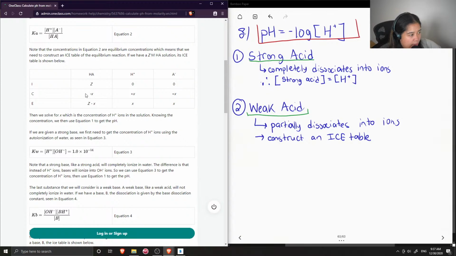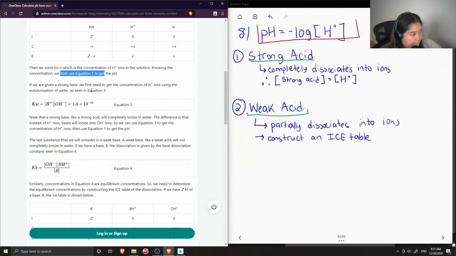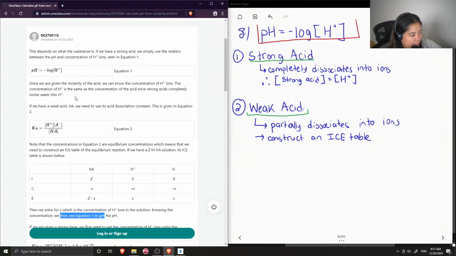And then they show the change in X, and then these are the concentrations at equilibrium. So then we solve for X, which is the concentration of H+ ions in the solution. Knowing the concentration, we then use equation 1 to get the pH. Okay, so they also did it in the case of bases as well.